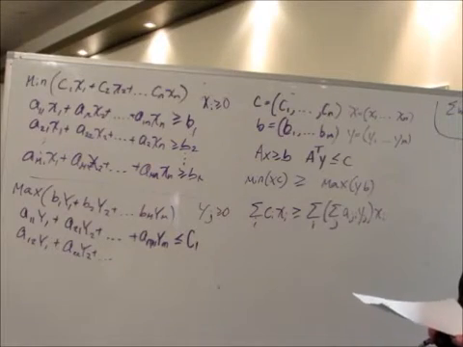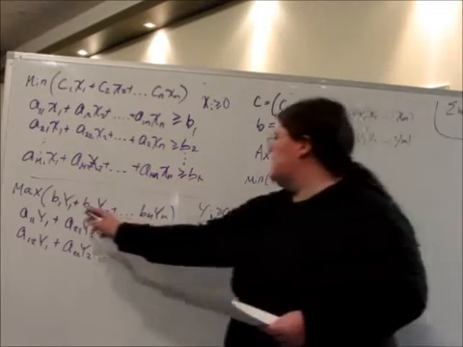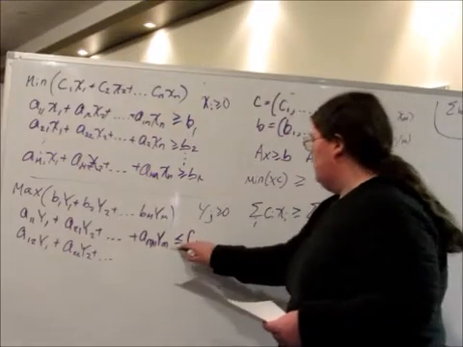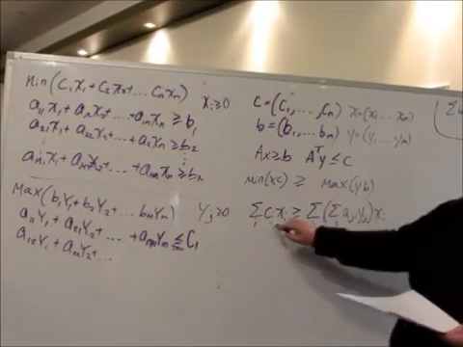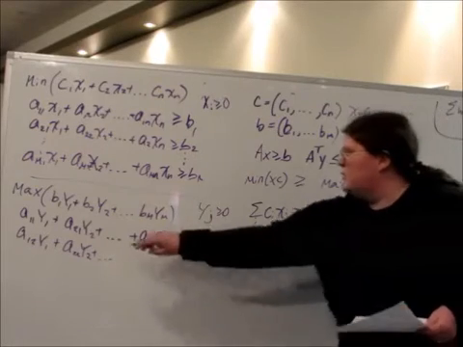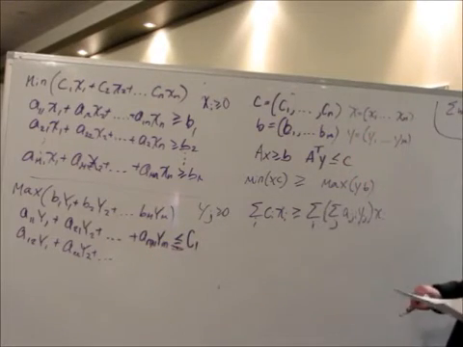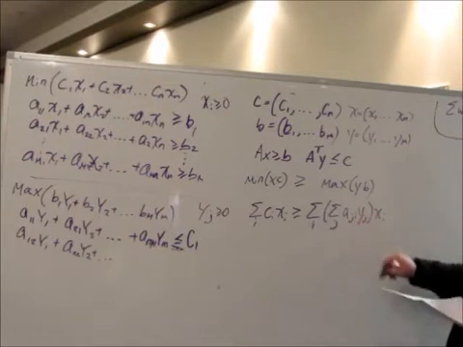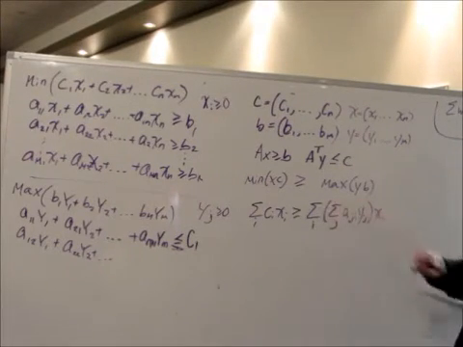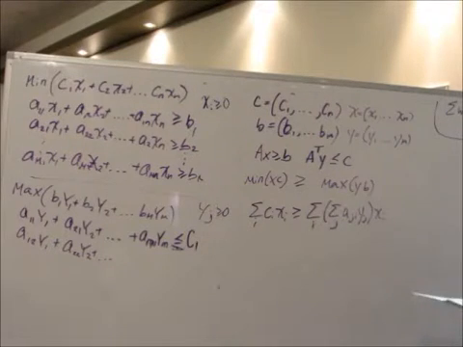Well, we said that these expressions over here were less than or equal to their corresponding values of C, so I can just replace Ci with this row here, and that's just this expression. That's what those rows correspond to. Okay. All right, I got the y's and x's in there now, so that's something.